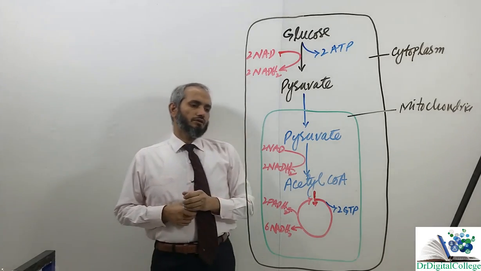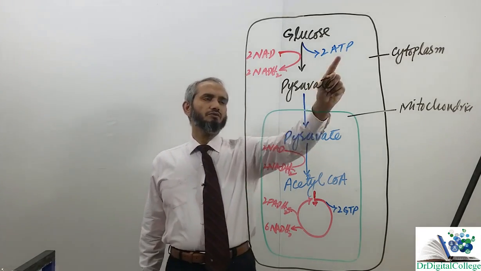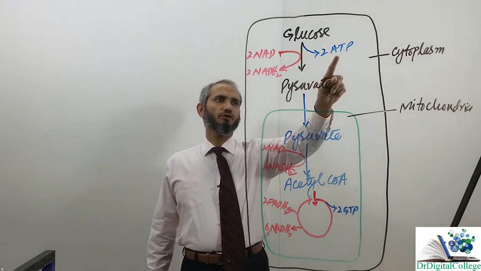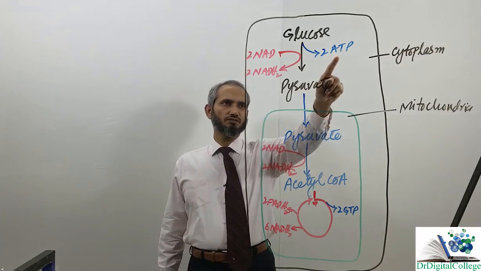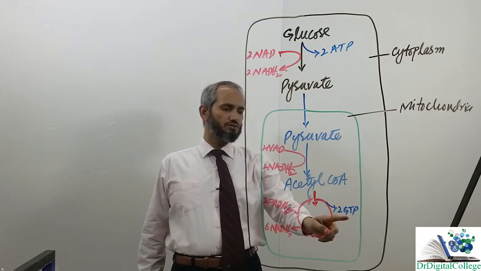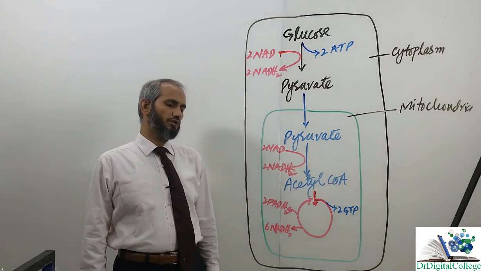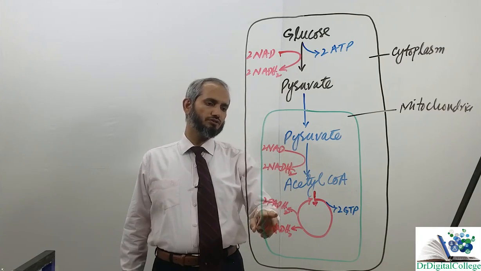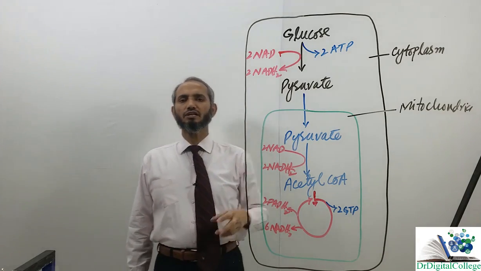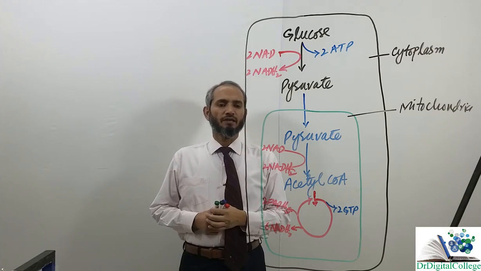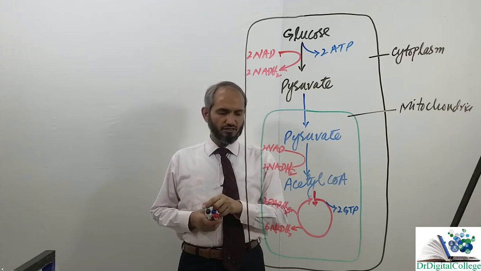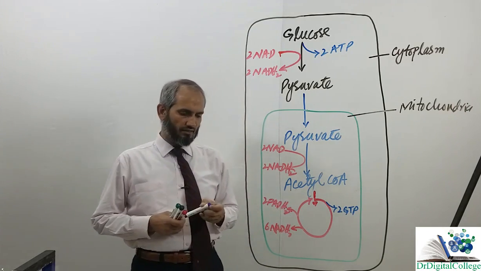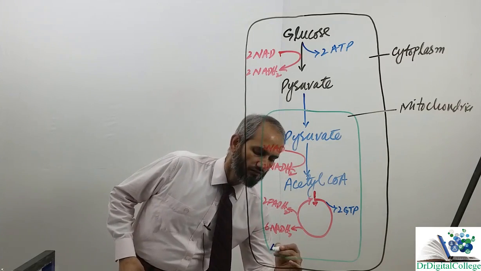Now, energy in terms of ATP, which is readily usable or in the form of energy currency, is this one, 2 ATP, or from these 2 GTP we can make 2 ATP. Energy stored in NADH2 or FADH2 cannot be readily used by the body until it is oxidized.